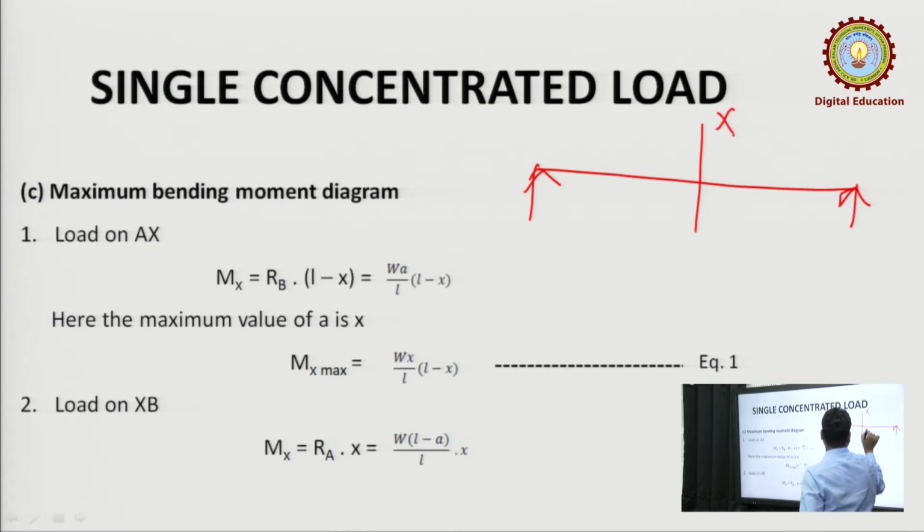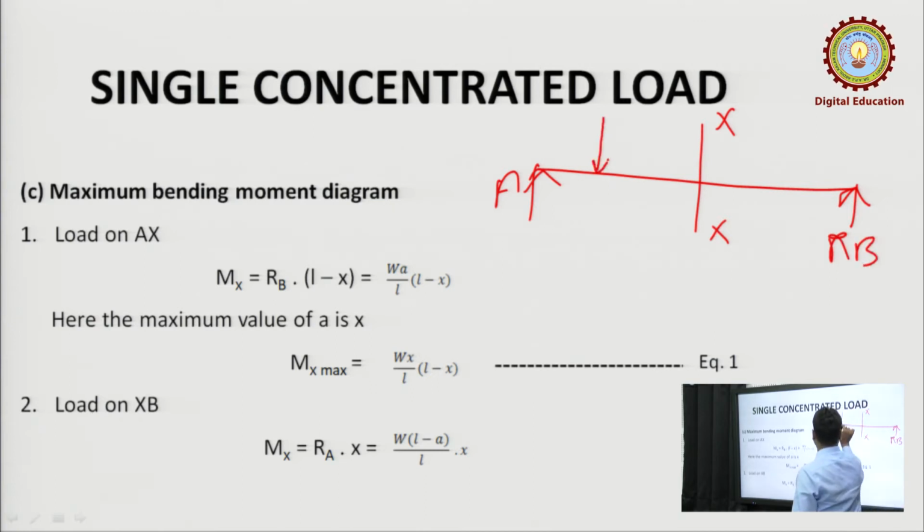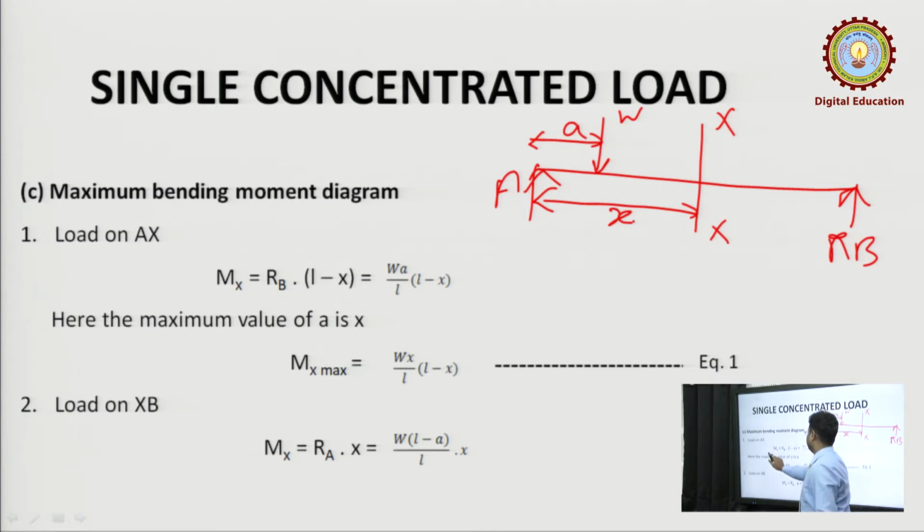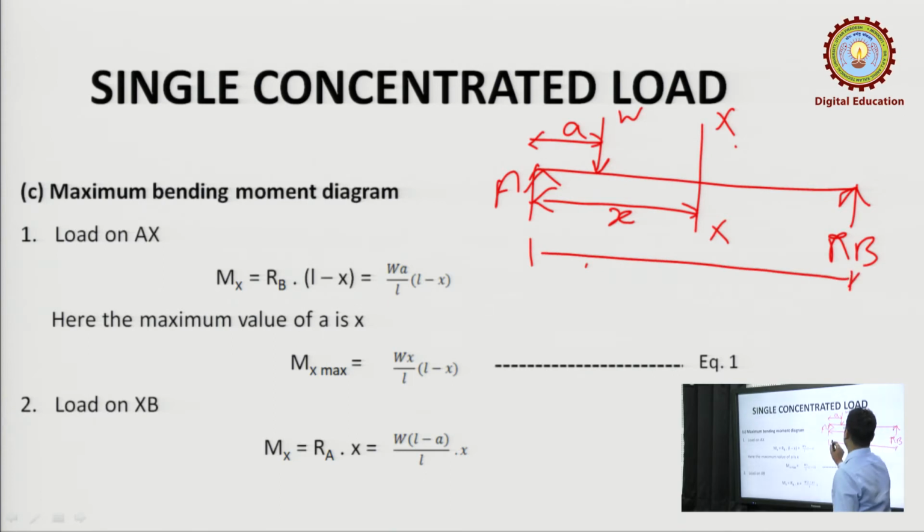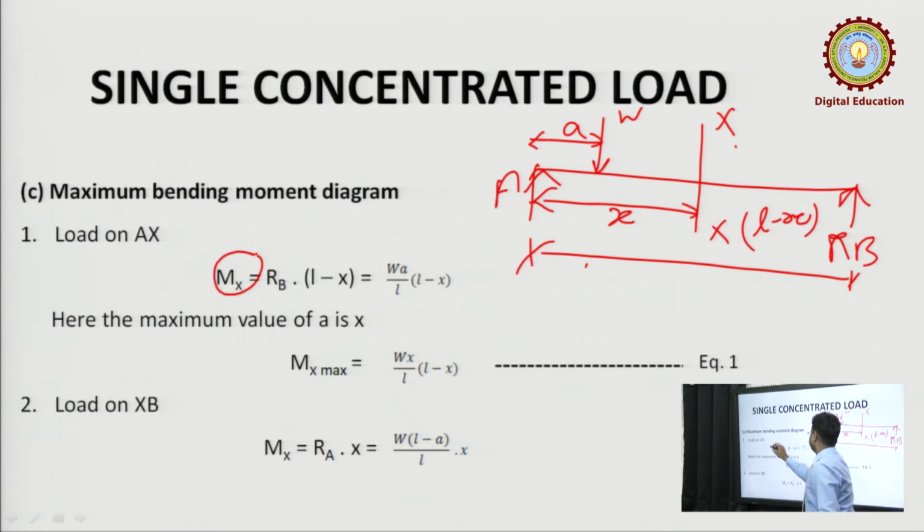We have a section here XX, this is the A point, this is RB, and the load is working here at a distance a. The load is on AX, Mx is RB into L minus x, where the whole span is L, and this value is L minus x.